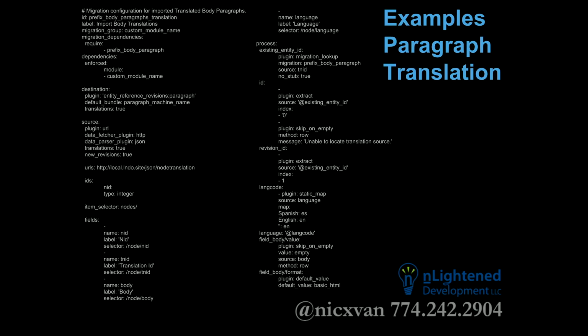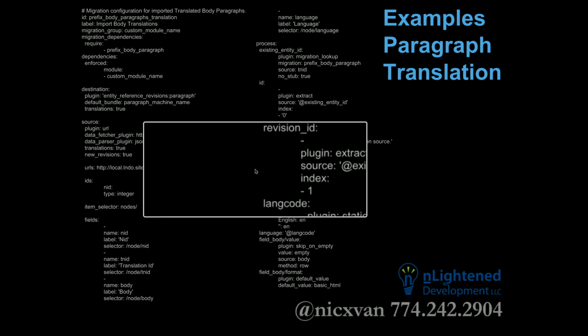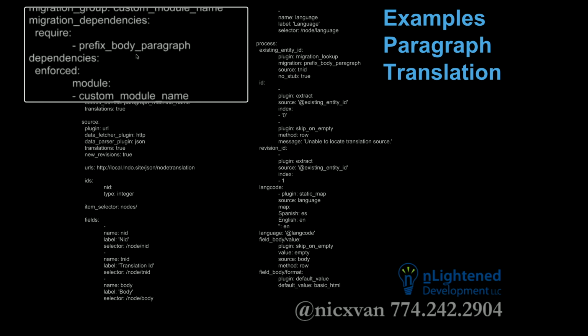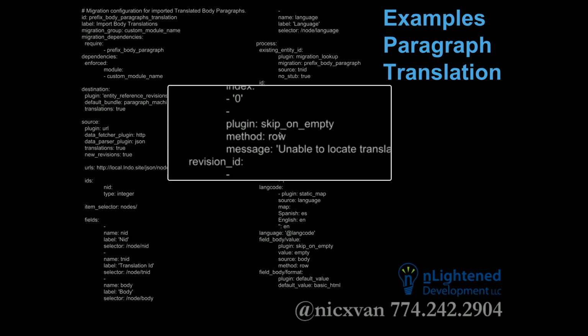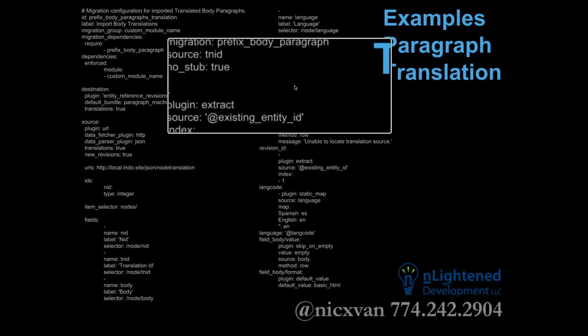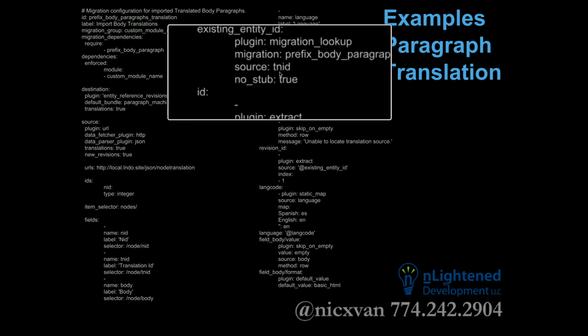Okay, so then two more slides, and then we can go back and look at any of those that you want to in more depth. I just want to very briefly look at this one. This is a translation, what it looks like for a translation. So paragraphs are entities, so you need to migrate the source language first, and then you migrate the translated language, and then you associate them with each other. And that's done right here.